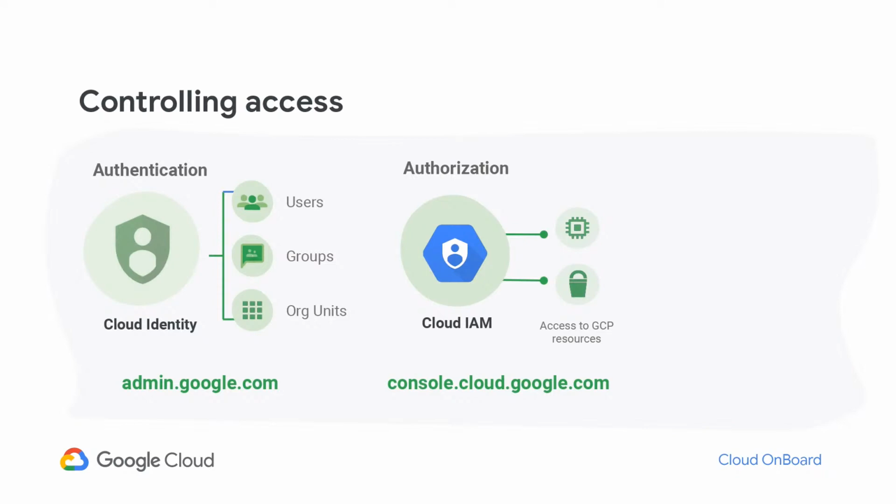Vishal being authorized to do something on the compute engine is the authorization, which is the permissions that I have assigned to this user. Those permissions are then managed directly inside the Google Cloud Platform console at cloud.google.com under the IAM section.